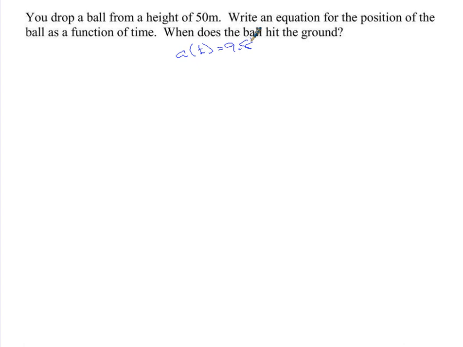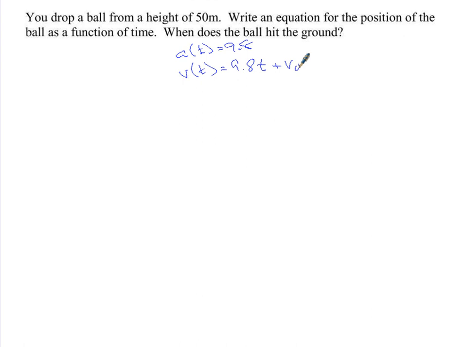I have acceleration right now, so I need to integrate once to get velocity. And my velocity equation is going to be 9.8 t plus v naught, which is 0. So I could write the v naught, or I could write it as a c.